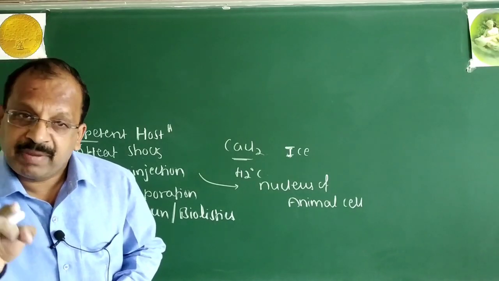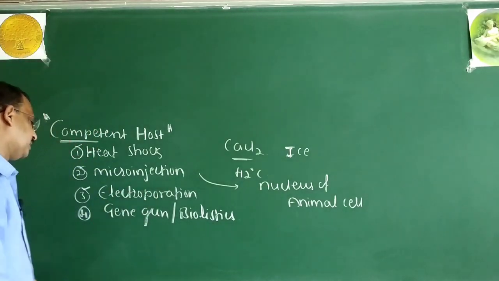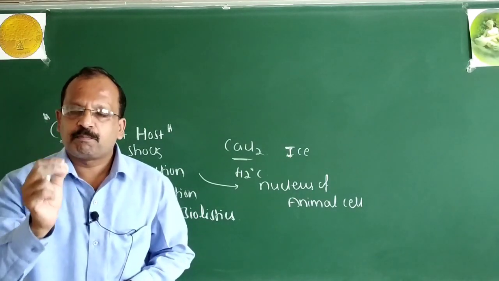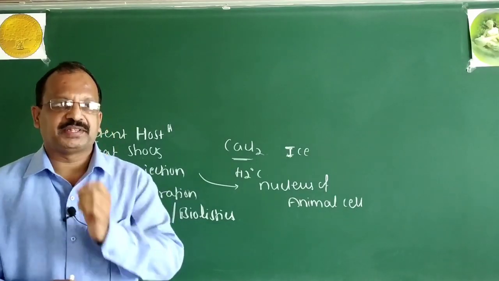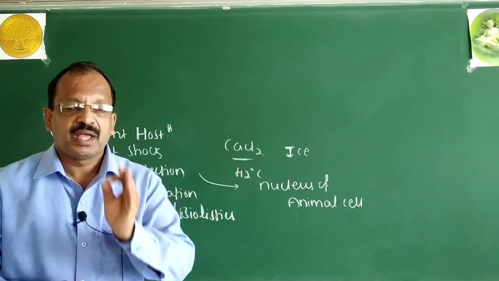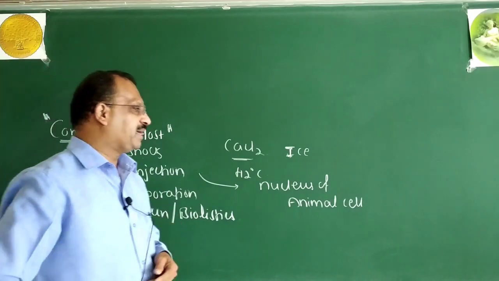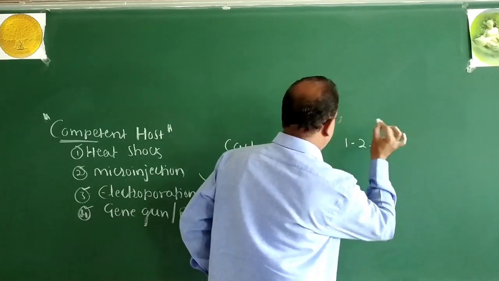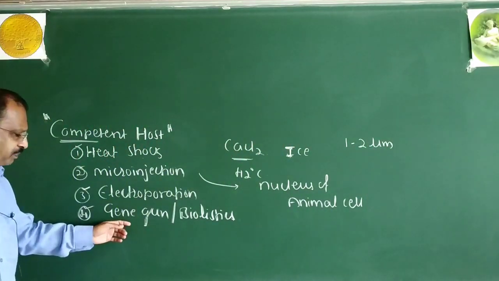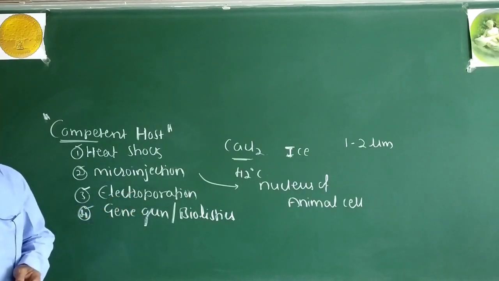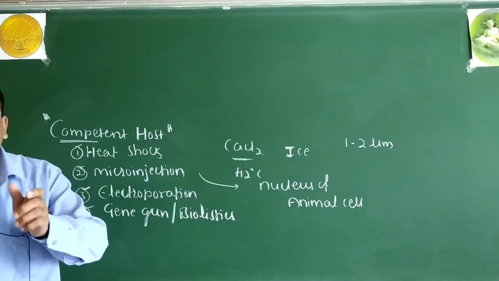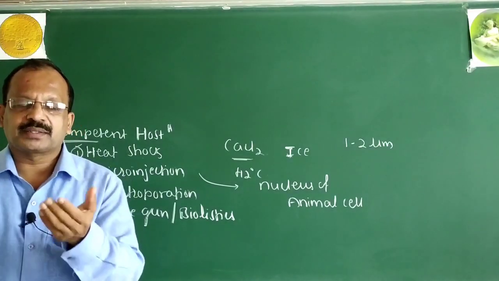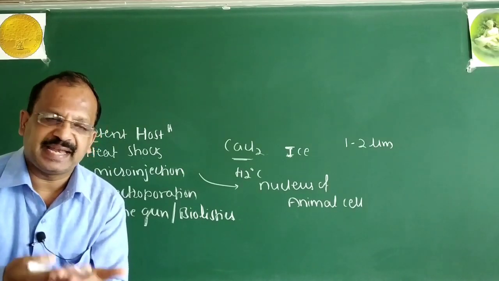Last one, gene gun or biolistic, where the plant cell is bombarded with high velocity microparticles of gold or tungsten coated with DNA. Microparticles measure around 1 to 2 micrometres in size.